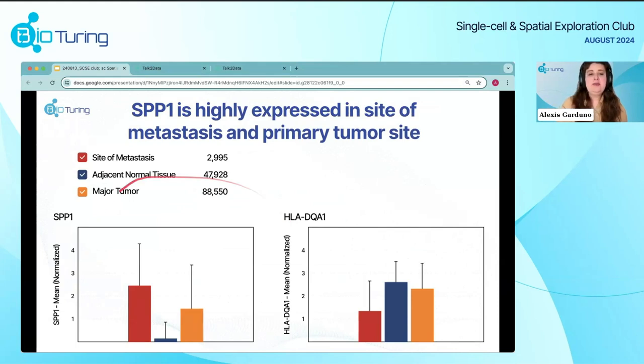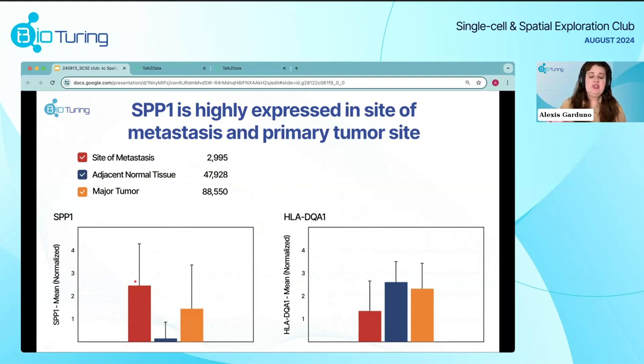It is clear from these visualizations that SPP1 has a really low expression in the adjacent normal tissue. On the other hand, when we're looking at the metastasis, we can see a high expression of SPP1 at the metastasis site. So this is some information we can gather.